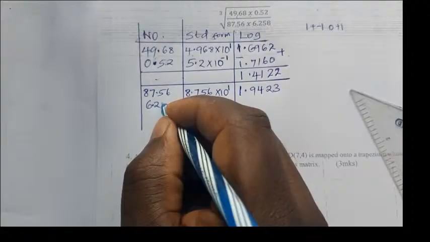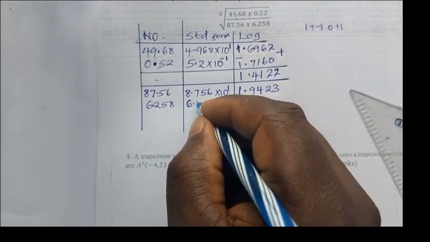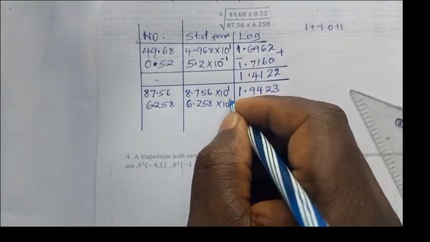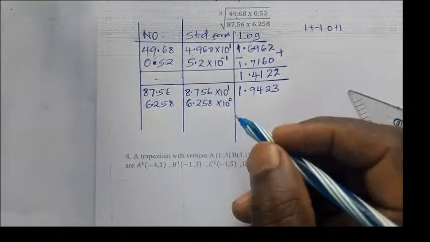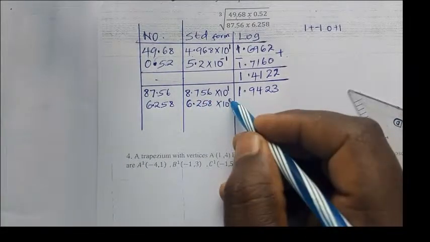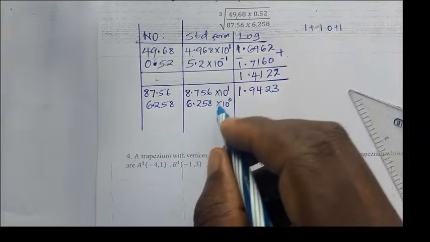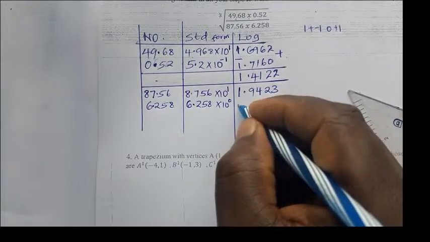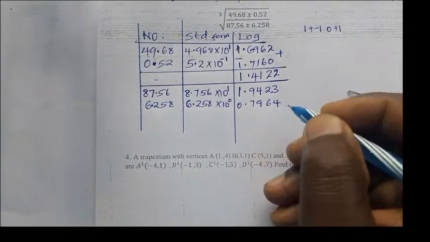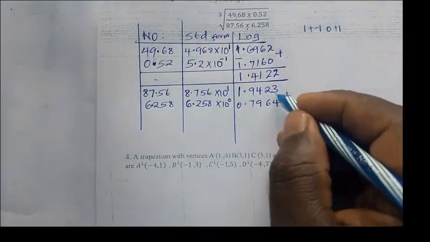6.258. This number is already in standard form. We just rewrite it as 6.258 times 10 raised to power 0, because the number was already in standard form, so you put 0. The log of 6.258 is 0.7964. See this multiplication here, you add these two.